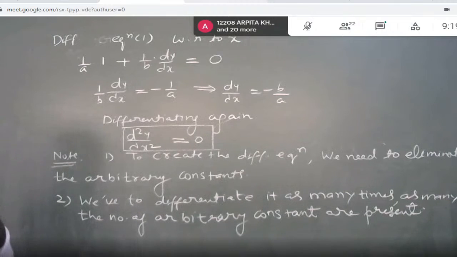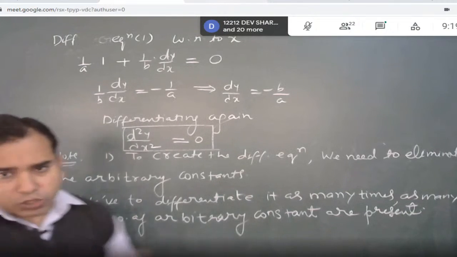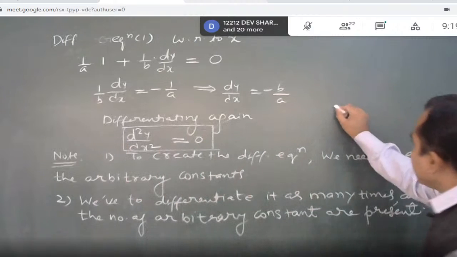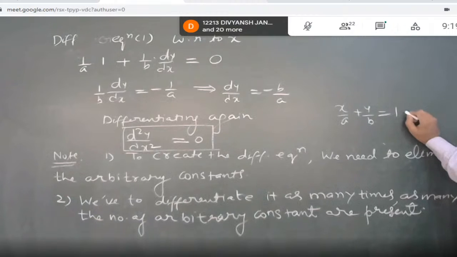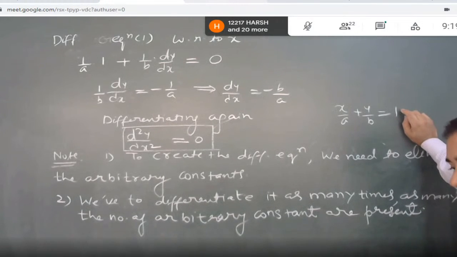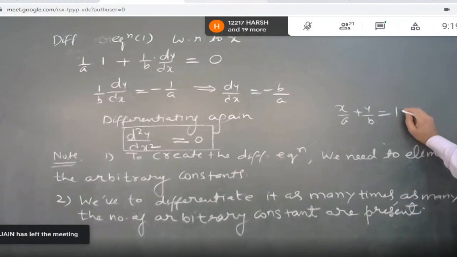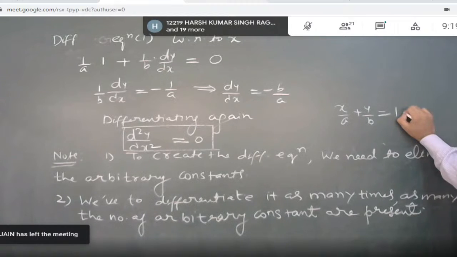So 2 things we have to check, right? First of all, some equation will be given in this exercise. This represents a family of different lines. We have to create a differential equation. Of course, to create a differential equation I have to differentiate it. So we will differentiate, but there are 2 rules.